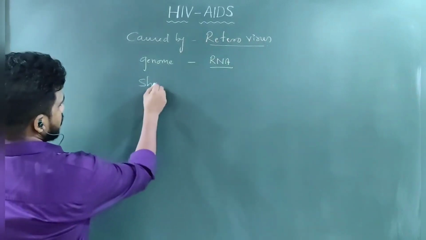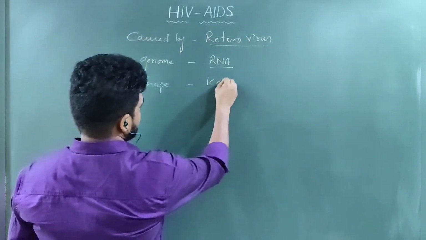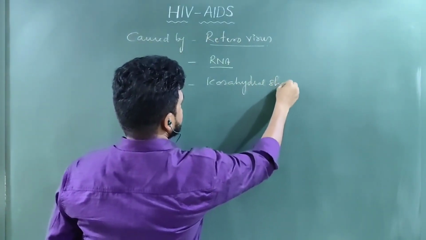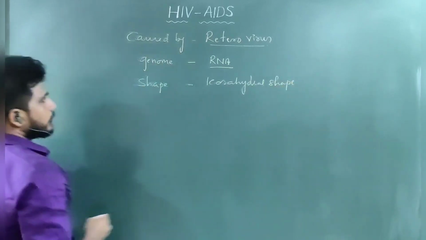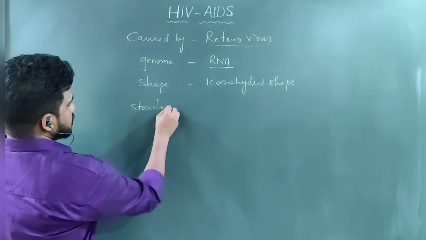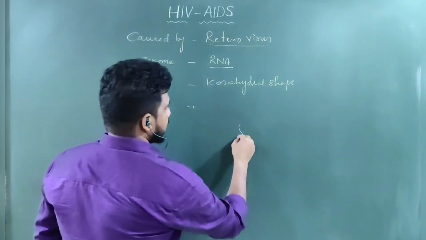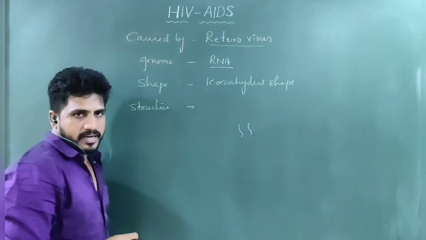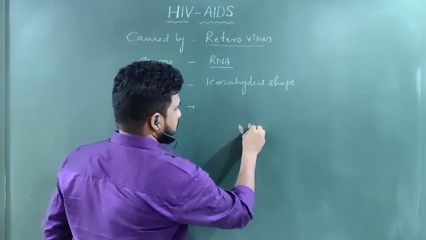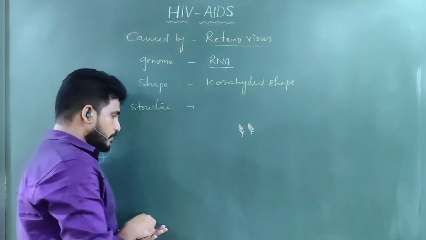Now, the shape of this virus is icosahedral. If you observe the structure of HIV, it has two single-stranded RNA molecules, and the reverse transcriptase enzyme is associated with the genome.